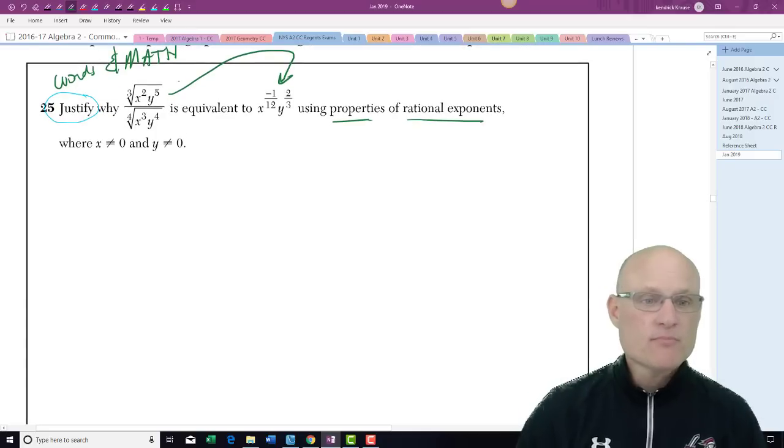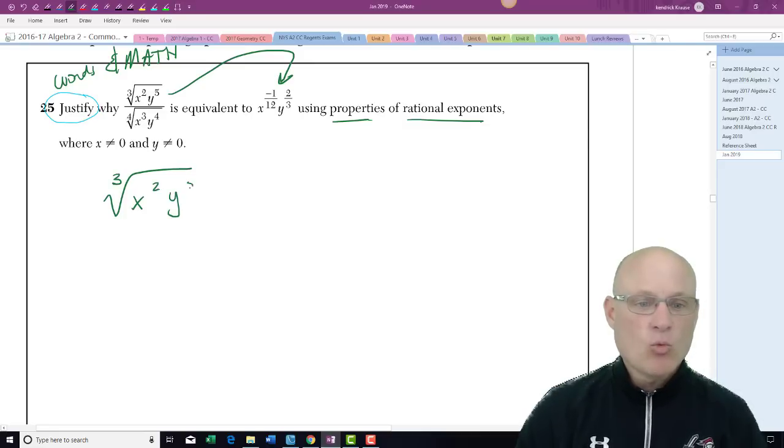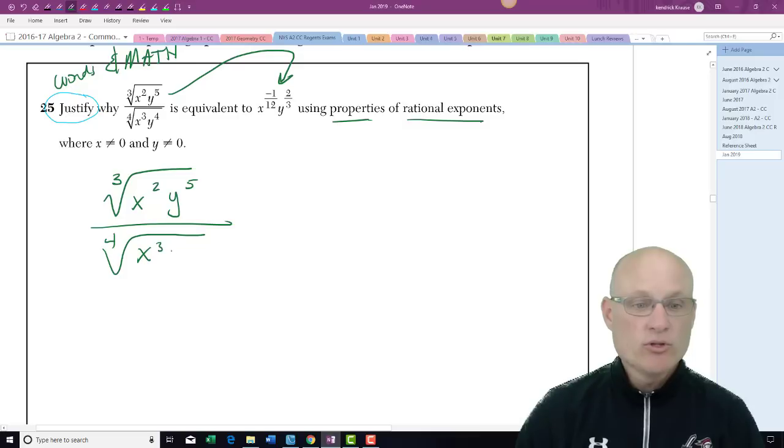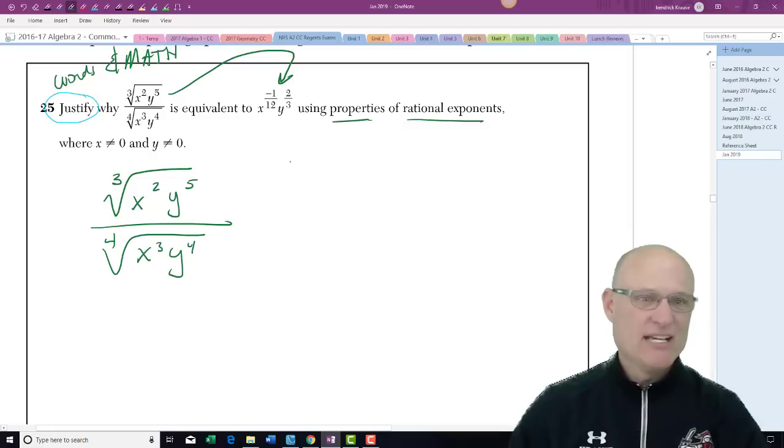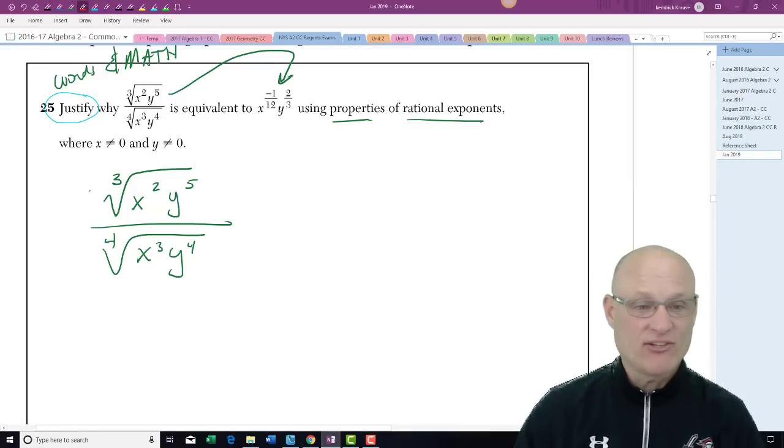So let me rewrite the problem. 3x squared y to the 5th over the 4th root of x cubed y to the 4th. Now here's what should be going on in your mind. You're going to have to write this in some sentences in a second. But this is a root. This is a root.